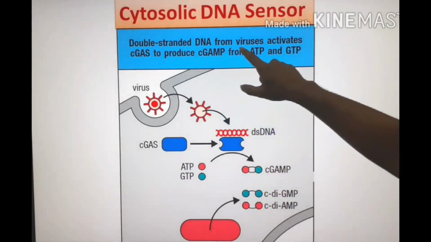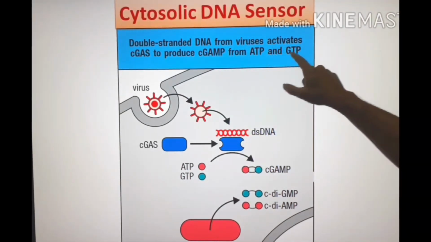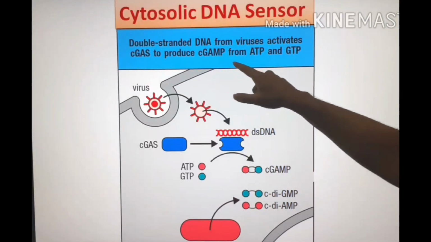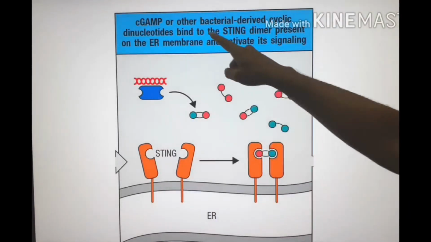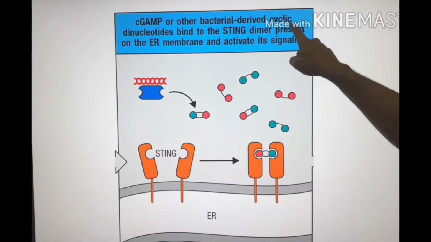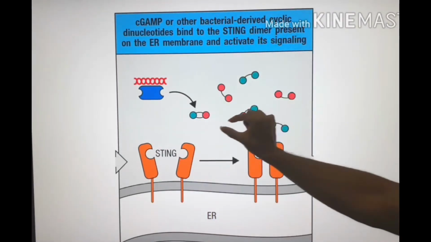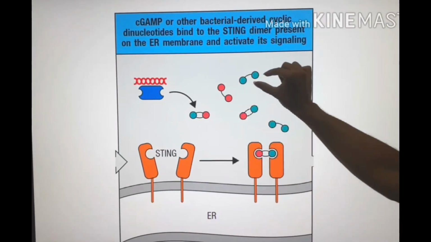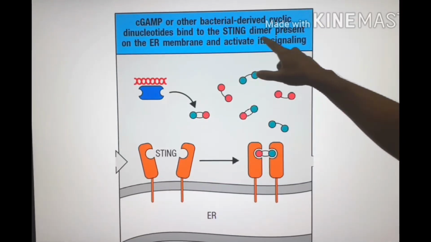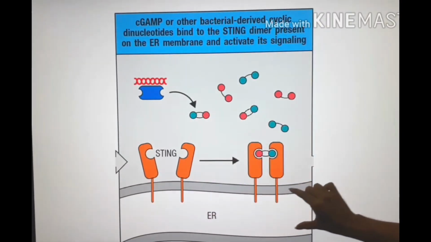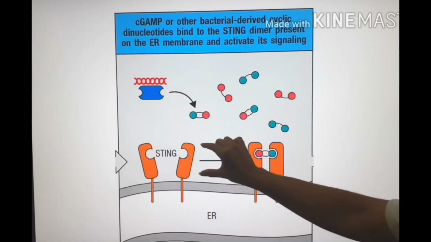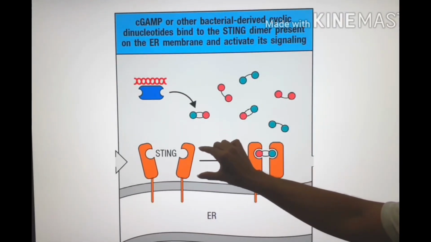So double-stranded DNA from viruses activates cGAS to produce cGAMP from ATP and GTP. The next step: cGAMP or other bacterial-derived cyclic dinucleotides bind to STING, another receptor present on the endoplasmic reticulum. STING means stimulator of IFN genes.